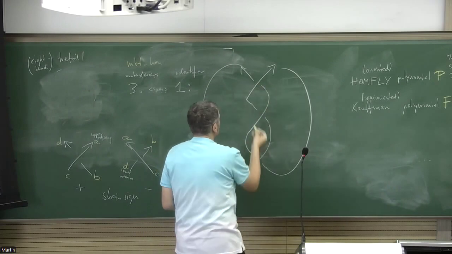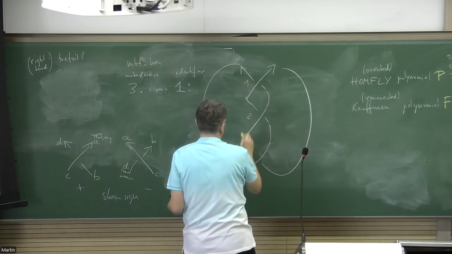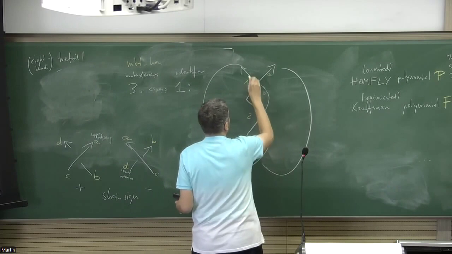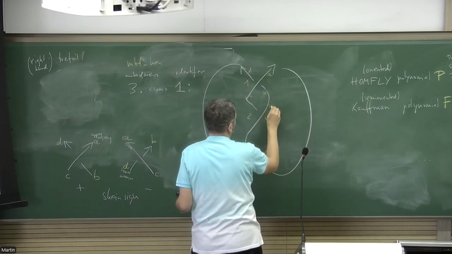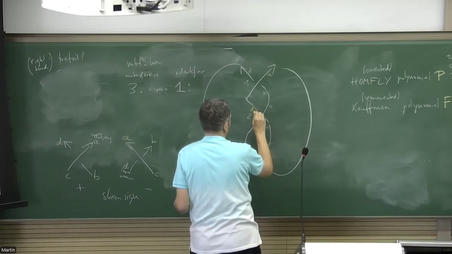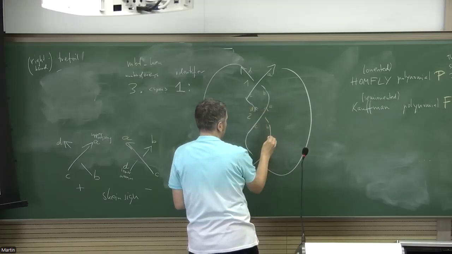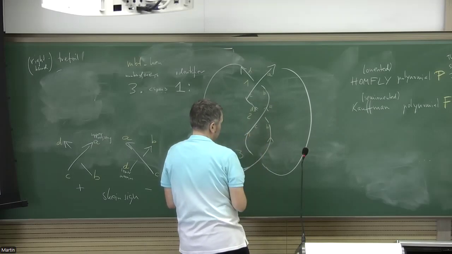This is 1, 2, 3. And now this is A, B, C, D, and this is also A, B, C, D. You must keep in mind that the orientation is always this way. And then this is also A, B, C.